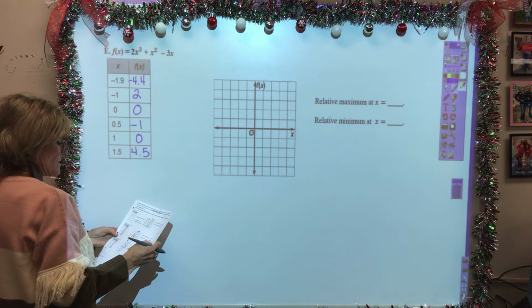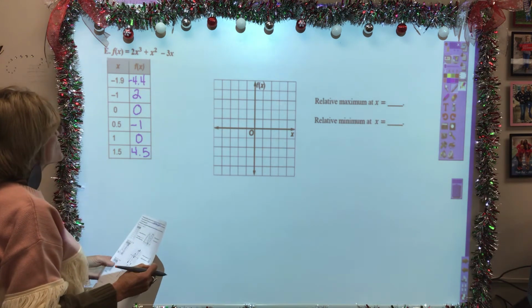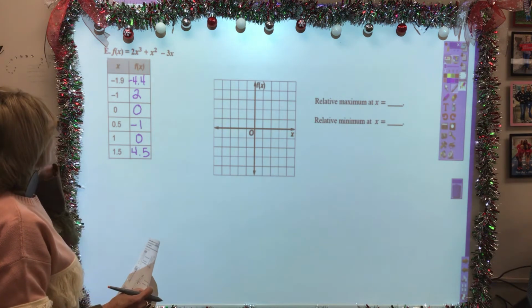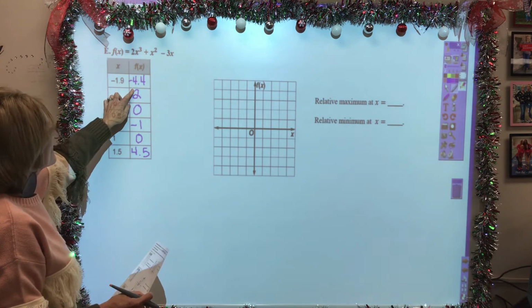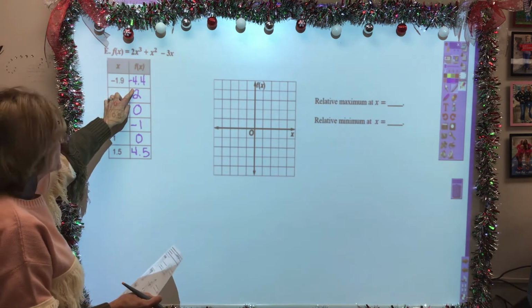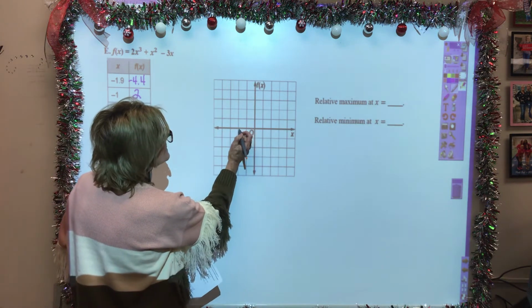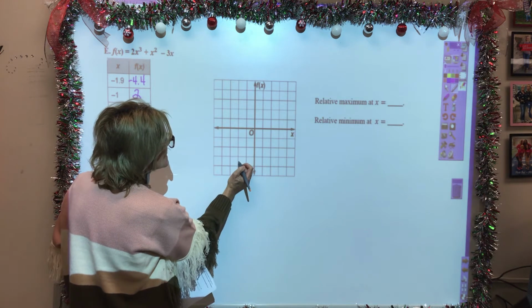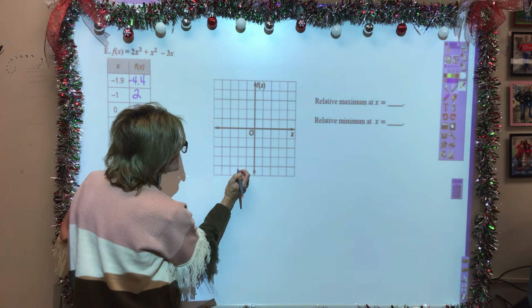Okay? So we can see, well, let's just graph it first, and then we can verify with the table. So if you're going to plot negative 1.9, negative 4.4, what we're going to do is go about out to negative 2, and then go down 1, 2, 3, 4. 4.4 would be somewhere around right here.